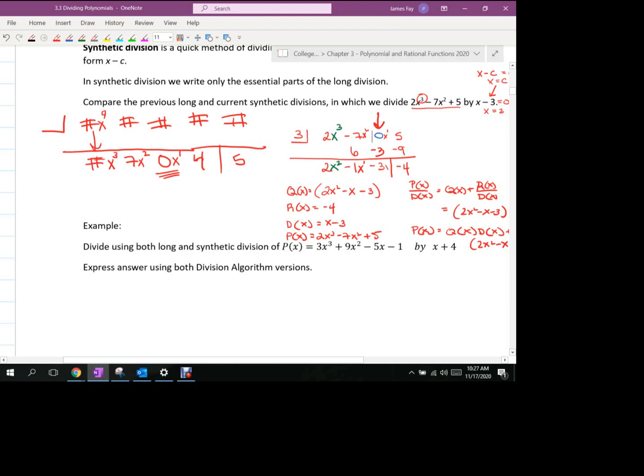And no matter what this row becomes, if I started with x to the 7th, then down here your first term will be x to the 6th, and then you will have an x to the 5th, an x to the 4th, an x to the 3rd, an x squared, an x to the 1st, and a constant. Some of those coefficients might indeed end up being 0. It just depends on how those numbers work out with one another.